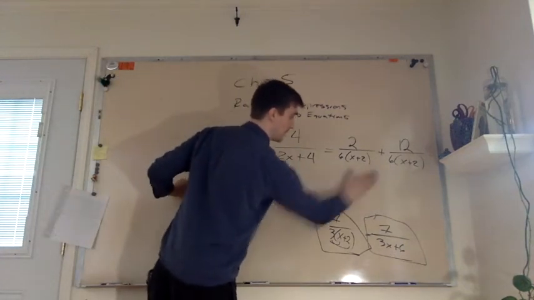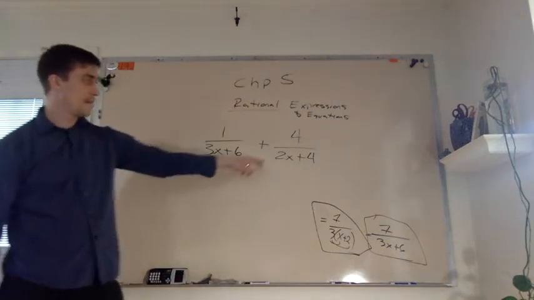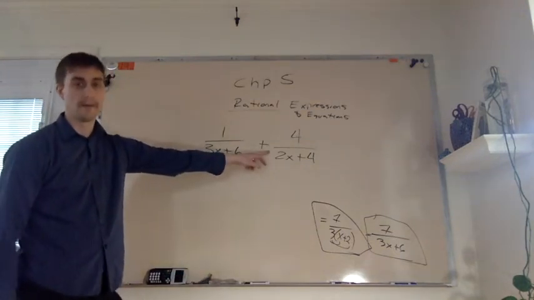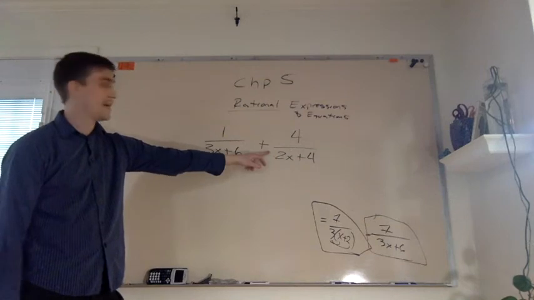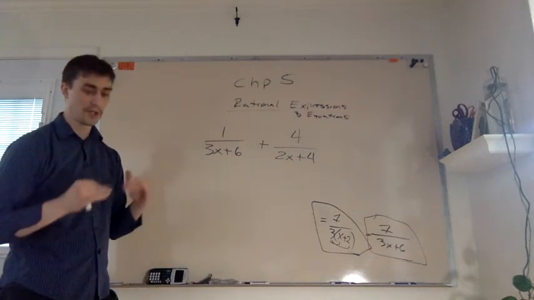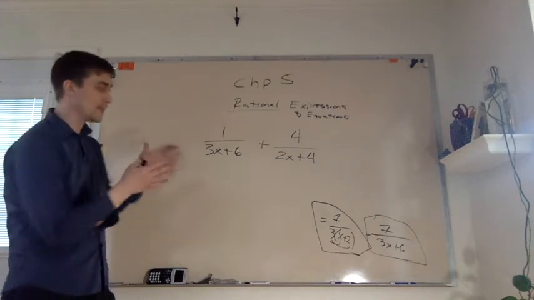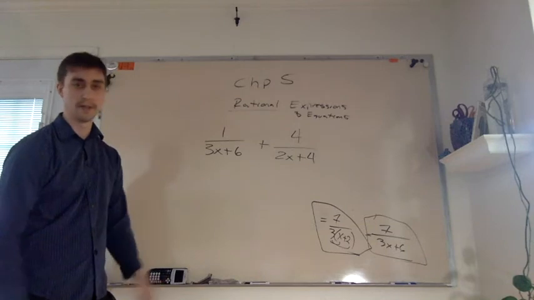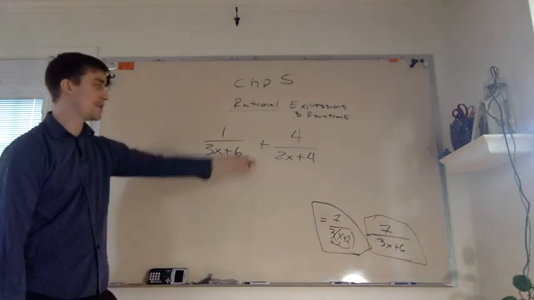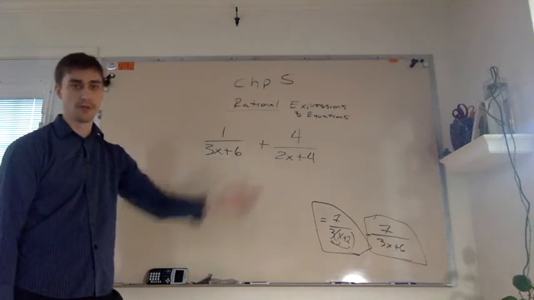I'm just going to leave the answer. This fraction right here could have been simplified from the get-go. It's usually beneficial to do that because it makes all your calculations smaller, it makes it easier to find the lowest common denominator, and it makes the simplifying at the end much cleaner. So if I were you, I'd watch out for that. If you're able to simplify a fraction before you even start, you should do that.